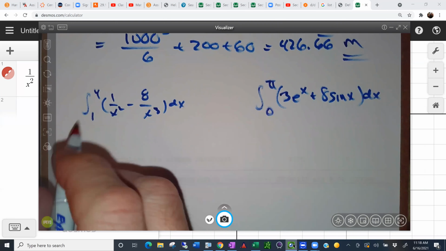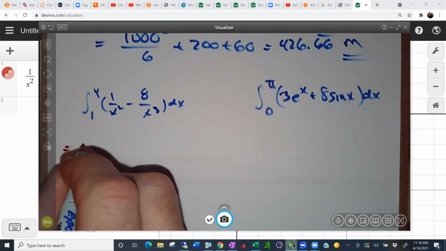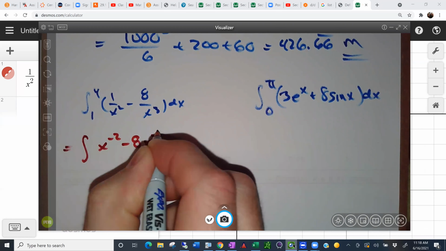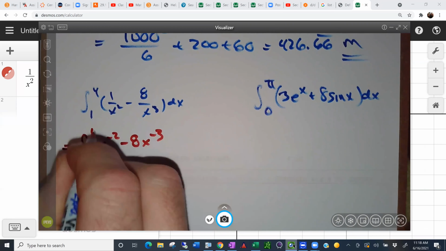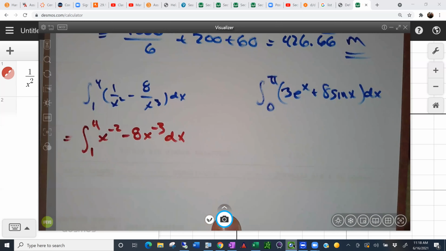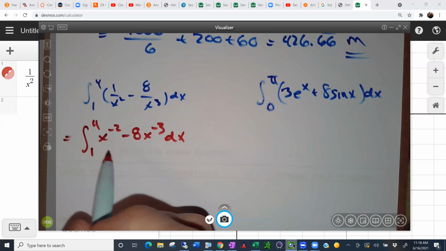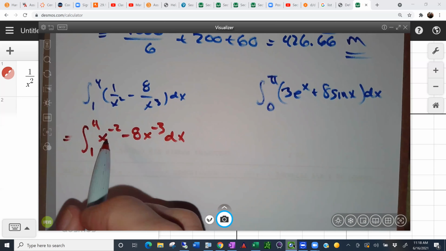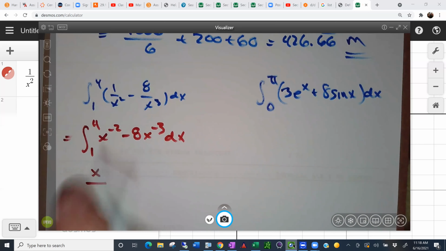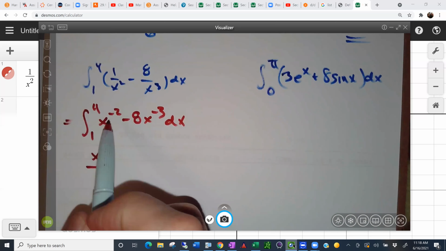To get going on this, I'd rewrite this as x to the negative second minus 8x to the negative third, still in the interval 1 to 4. Then you need some antiderivatives. Now, as always, add 1 to the exponent and divide by that same exponent. If I add 1 to this exponent, what would I get?